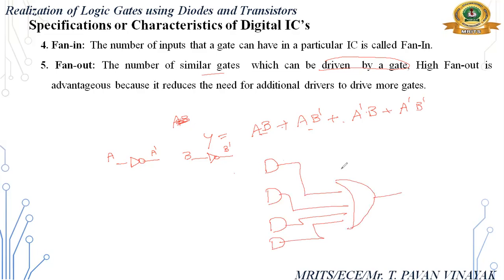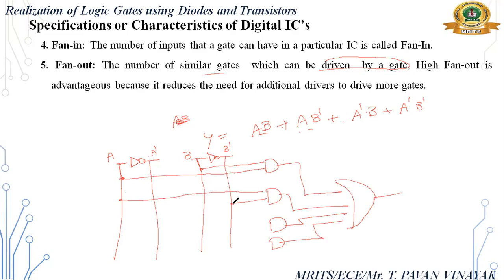The first one is A, B. Next one, A, B bar. Next, A bar, B. Next, A bar, B bar.